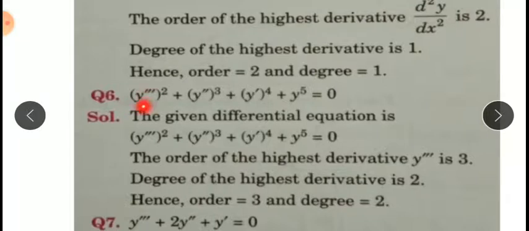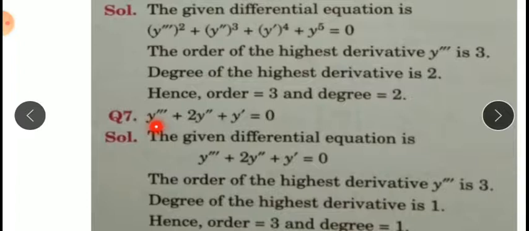What is the whole power or exponent of the highest derivative? That whole power is 2, means its degree is 2. Order is 3, degree is 2, because this is d3y by dx3. Order is 3 and its whole power is 2, that is degree is 2.